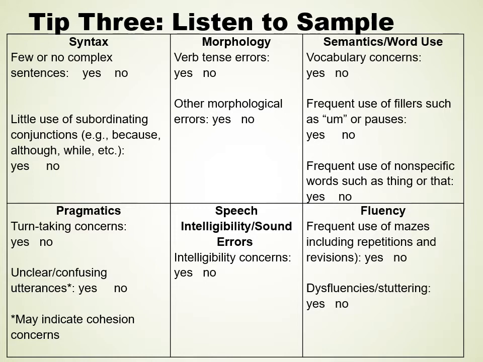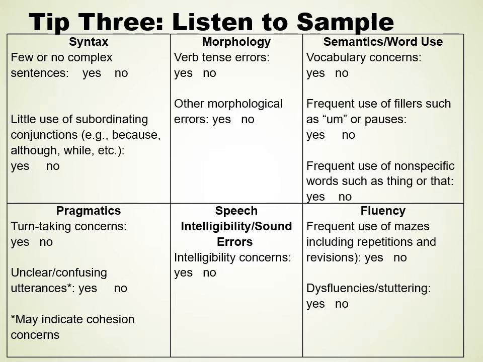In semantics and word use, you might have some general concerns about vocabulary, or specifically you might note frequent use of fillers such as um or pauses, or frequent use of nonspecific words such as thing or that, which could indicate some word access problems. In pragmatics, you might note turn-taking concerns or unclear or confusing utterances, which could indicate a cohesion problem, something we'll also be talking about later in this module.